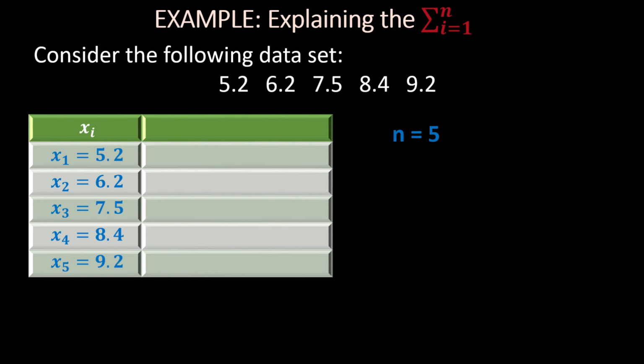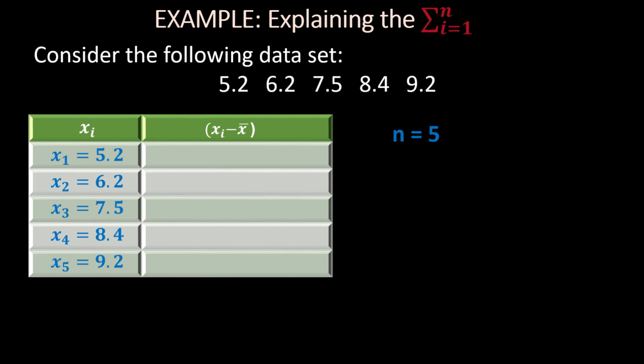Next, I find the deviation of each observation. What is the deviation? Xi minus x bar. So how do you find the deviation of the first observation? That is 5.2. To find the deviation, we need to find x bar first, right? Once we have x bar, we can subtract x bar from 5.2.